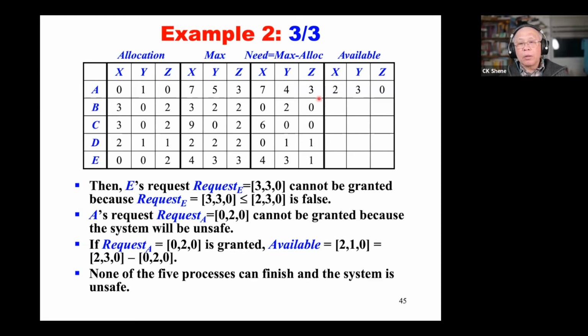None of these 5 processes can run. Do you see that? So the system is unsafe. These 2 examples: the first one illustrates how to find a safe sequence, and the second example illustrates how the resource request is done.